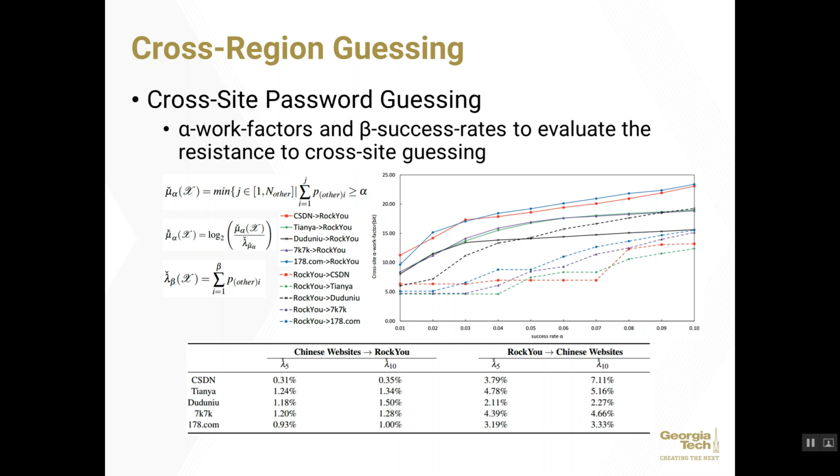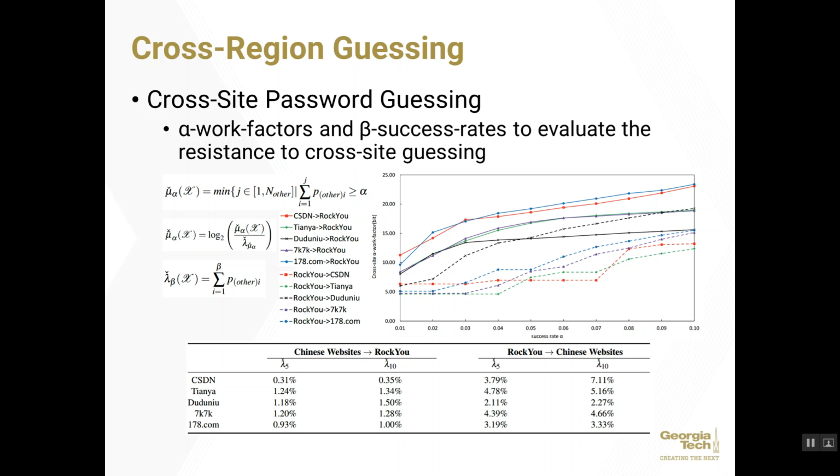In the case of using the information of Chinese passwords to guess the ROCU passwords, the beta success rates lambda 5 to lambda 10 are lower than the intra-site guessing ones. In the case of using the information of ROCU passwords to guess Chinese passwords, the beta success rates lambda 5 to lambda 10 are also lower than the corresponding intra-site guessing listed in the table.